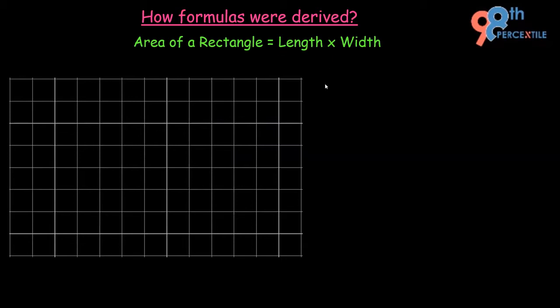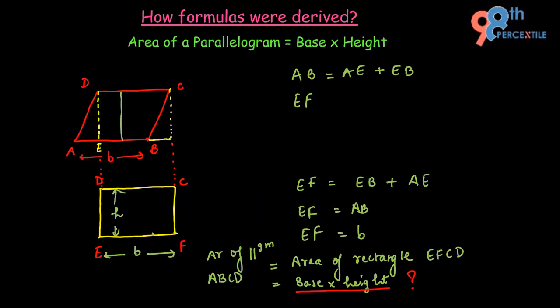Now, if you remember, in the previous video we saw how the area of a parallelogram is base times height, and then we saw that a parallelogram is nothing but a part of a rectangle, or basically a parallelogram can be converted into a rectangle by doing a little construction.